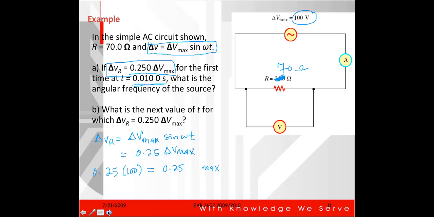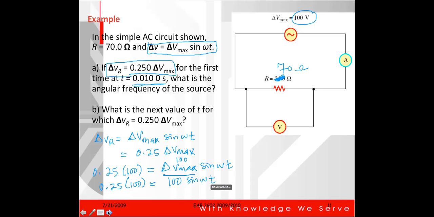Ni betul tapi saya tak nak cakap yang ni. 0.25 kali 100 ni sama juga dengan delta Vmax sin omega T kan. So delta Vmax ni adalah 100. Saya buat quickly this example so that you can tengok balik nanti. 0.25 kali 100 sama dengan 100 sin omega T.